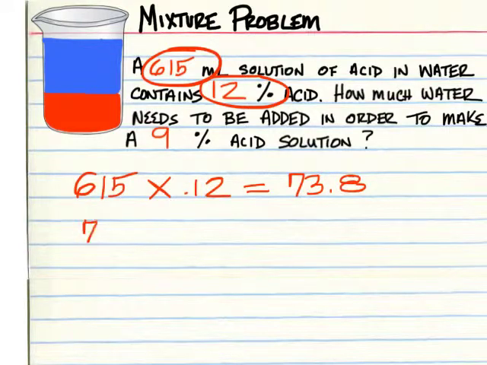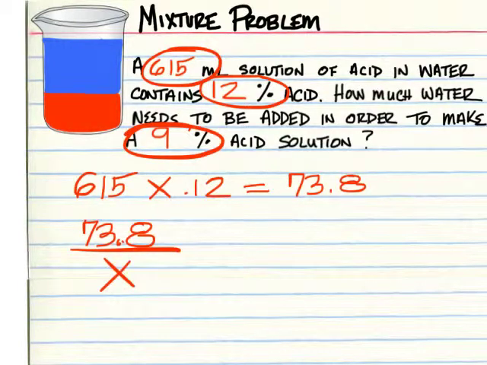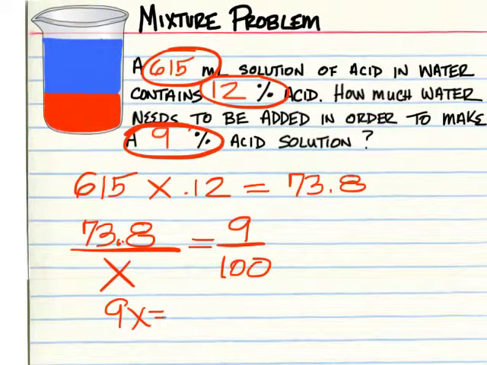Now that 73.8 must then become 9%, because we're going to add water to this solution. And how much water do we have to add? That's what we're trying to find out. So 73.8 milliliters of acid over some number equals 9 over 100. So cross multiply to get 9x equals 7380.